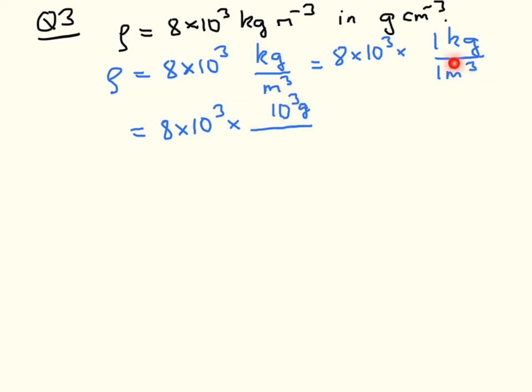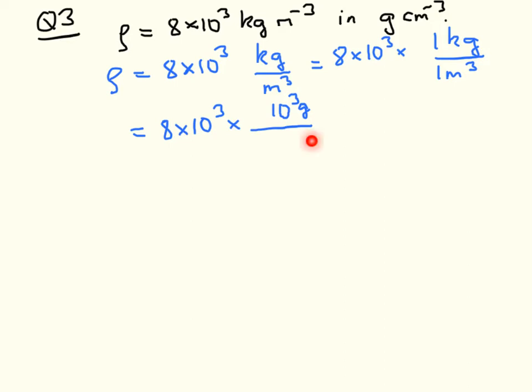What about in the denominator? Well, in the denominator, we're dividing here by a cubic meter. So we're saying this is the density is the mass for 1 cubic meter of the substance. If we're now going to go to 1 cubic centimeter, then we have a much smaller volume and we expect the mass to drop.